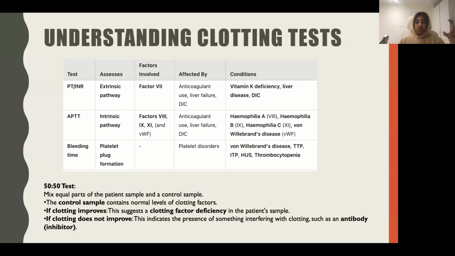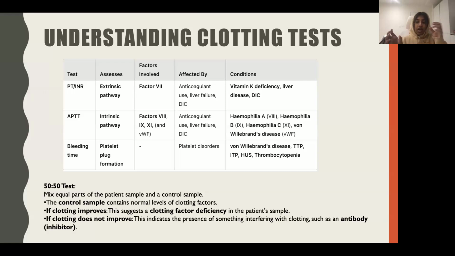If you suspect a clotting factor deficiency, and you mix the control sample into the patient sample, then the sample should become normal, right? The patient's blood should now have the normal amount of clotting factors because you've just added it in via the control sample.